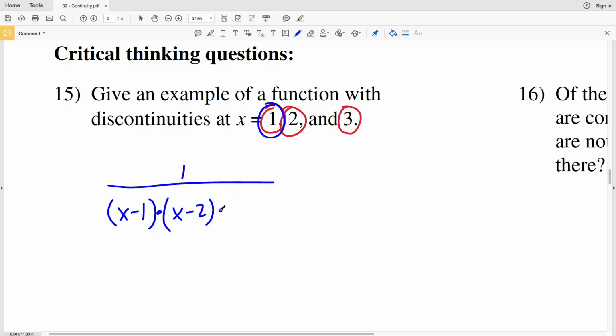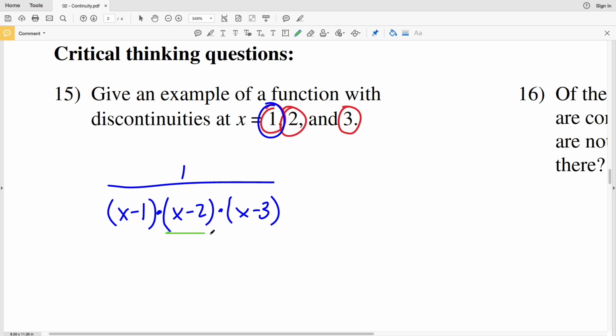And then finally, I'm going to multiply by x minus 3. Plugging 3 in for x, I'll get 0 in my denominator, and 0 times any number is 0. So plugging 1 in, I'll get 0, and then I'm still multiplying that to x minus 2 times x minus 3, but 0 times any number is 0.